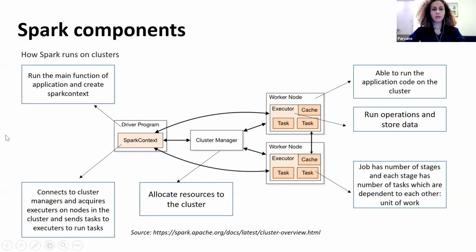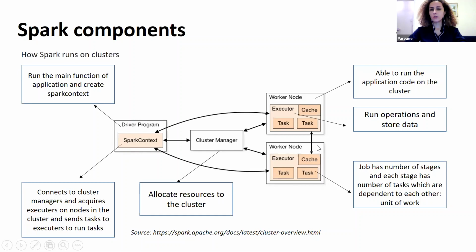The Spark context is going to connect to the cluster manager, and the cluster manager allocates resources to the cluster. After the Spark context acquires the executors and the resources, it is going to use them to run the tasks or jobs. Tasks and jobs are run on the worker nodes.